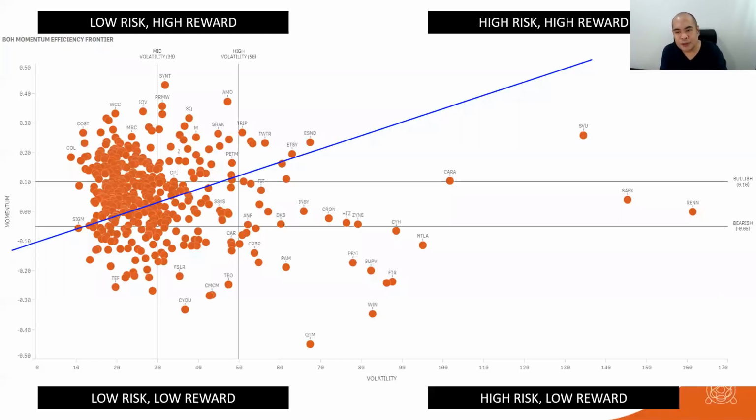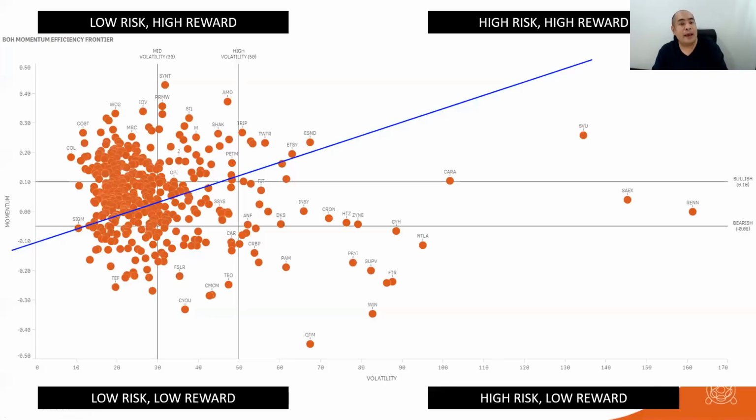You can actually choose better options if you're trying to trade a stock with volatility close to 70% by moving up vertically. So instead of QTM, for example, if you want a stock with similar volatility, you'd be better compensated if you focus on ESND. You'd be better compensated if you focus more on ETSY.